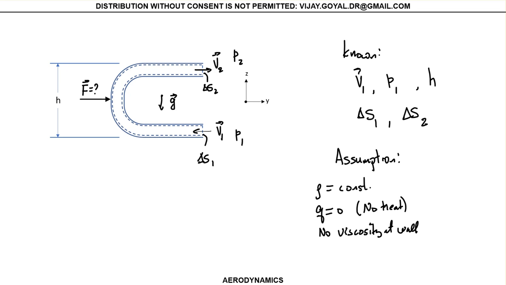The other thing we can also assume in the problem is that it's a frictionless flow, it's incompressible flow, and these consequences allow my energy equation to become my Bernoulli equation.